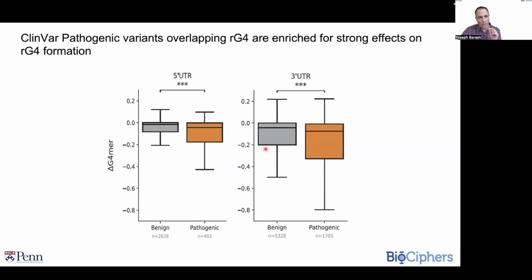And it's interesting because if you look at the tail distribution, you say, okay, let me see a really big difference, like you break it, a change of at least 0.5. Of course, you get less, but what's the fold enrichment that you would find in ClinVar, say, for benign versus pathogenic, say, in the 5' UTR?